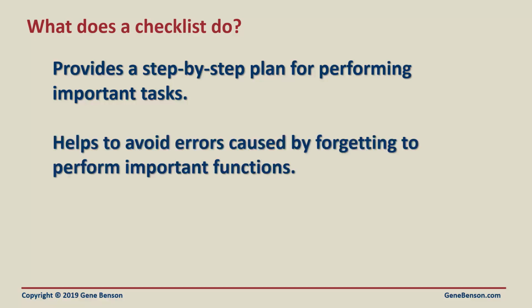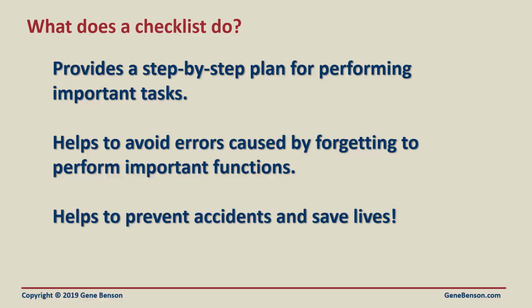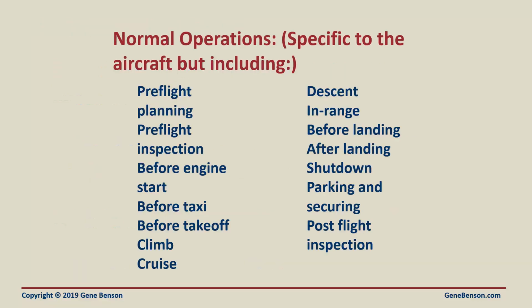It helps to avoid errors caused by forgetting to perform important functions, and helps to prevent accidents and save lives. Checklist use can also improve efficiency. So let's take a look at how I recommend general aviation pilots use checklists. In the next module, we'll see how to create these checklists if we do not already have them.